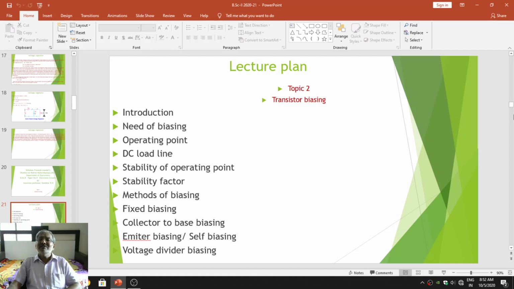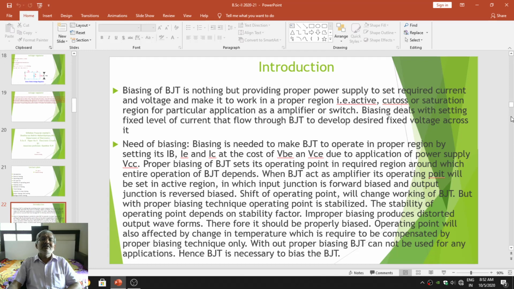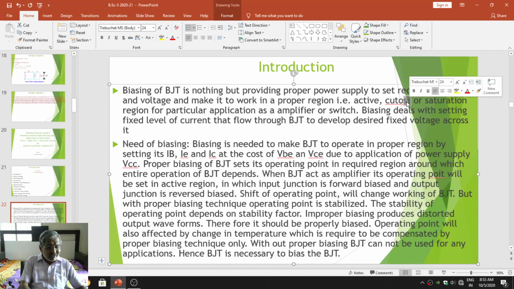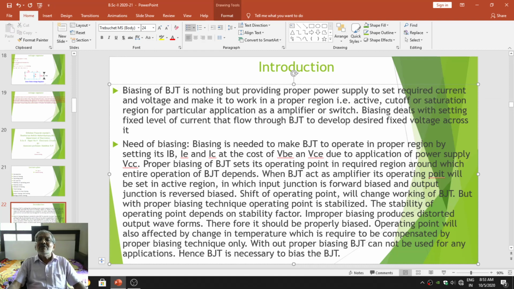Let us start with the introduction about the biasing of BJT. As we have already introduced, to work with the transistor in a proper mode of operation, as we are also aware that just the physical structure of the transistor is unable to give any kind of operation.